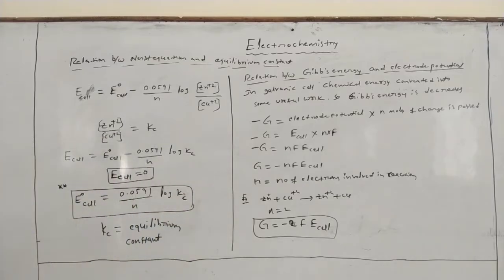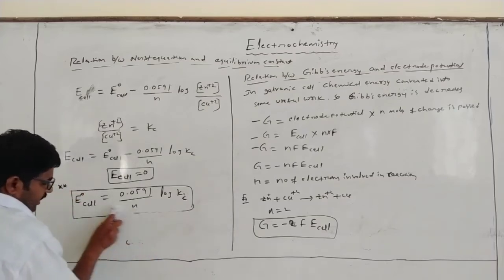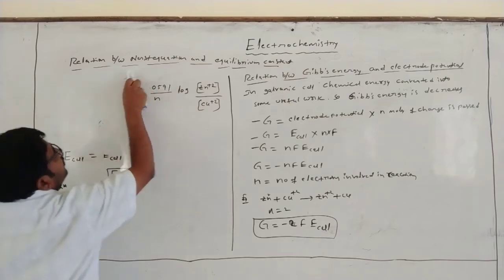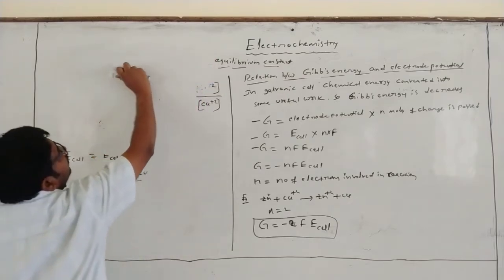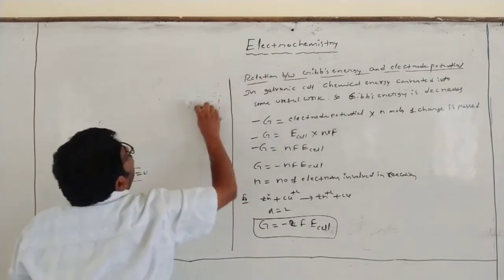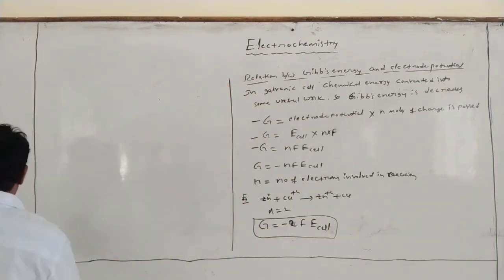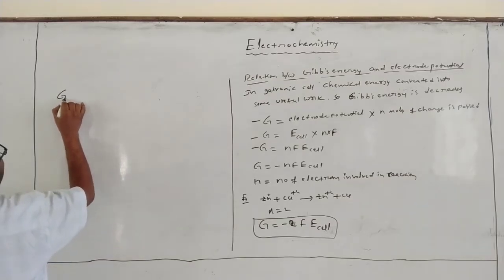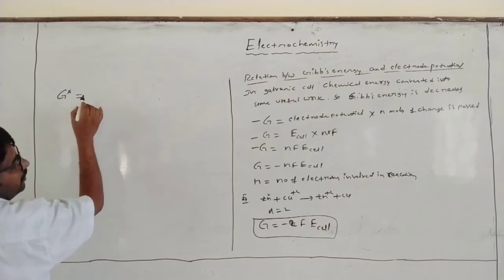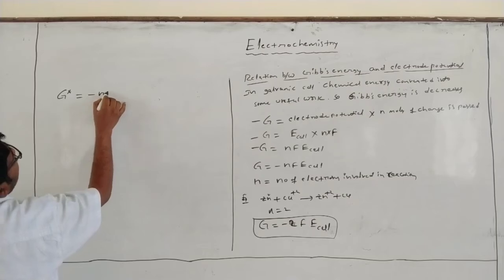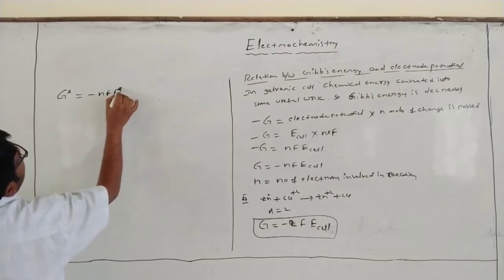How do we express it? The standard Gibbs energy G star is equal to minus nF E naught cell.